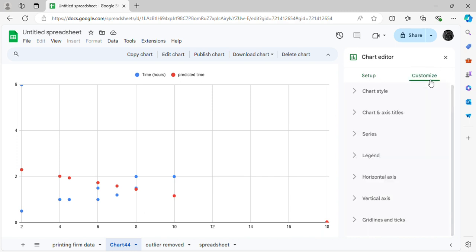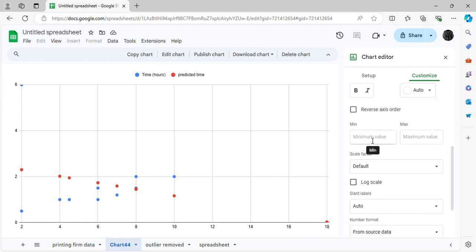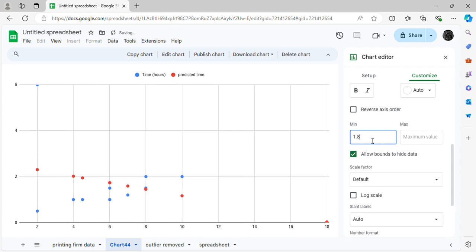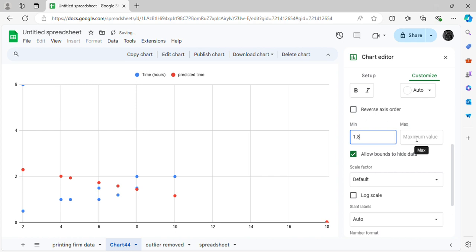So let's customize the chart. For the horizontal axis, let's type the minimum and maximum values. So let's type 1.8 for the minimum and maximum 18.2.